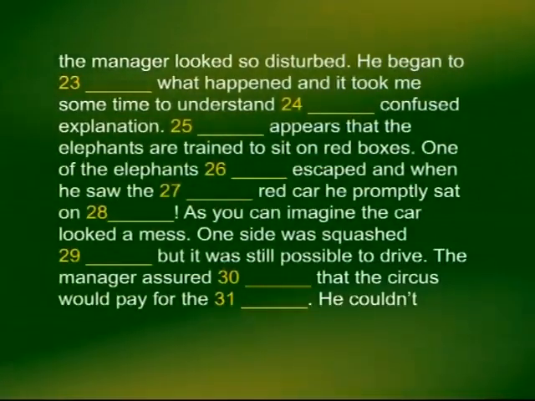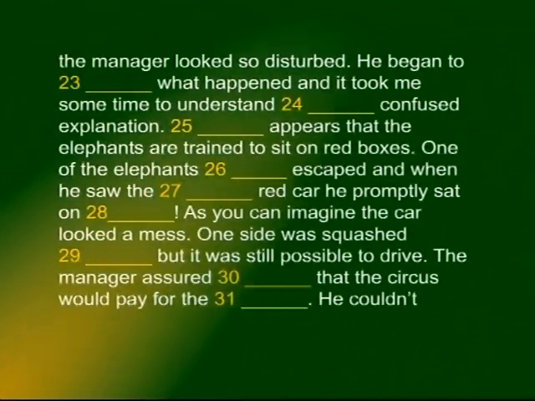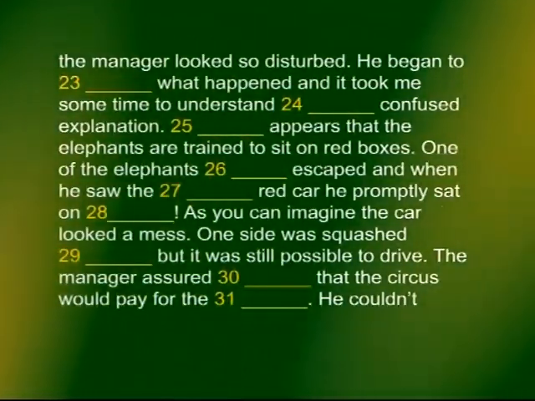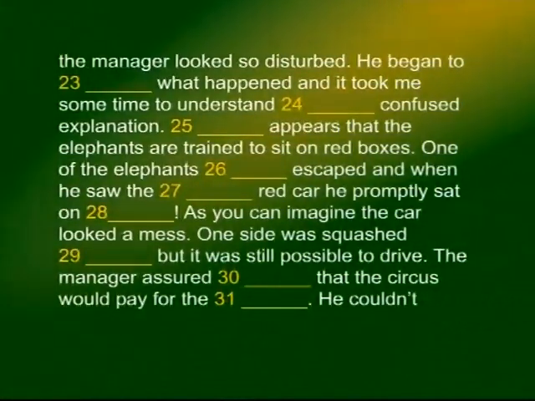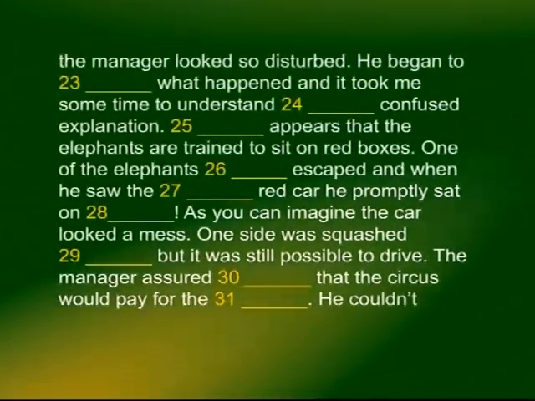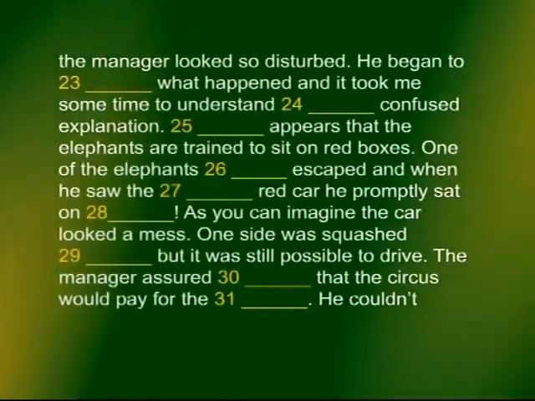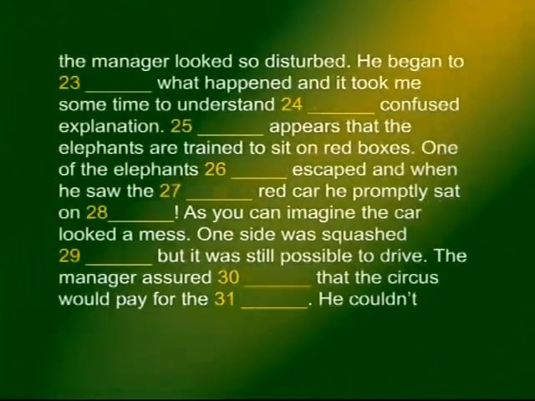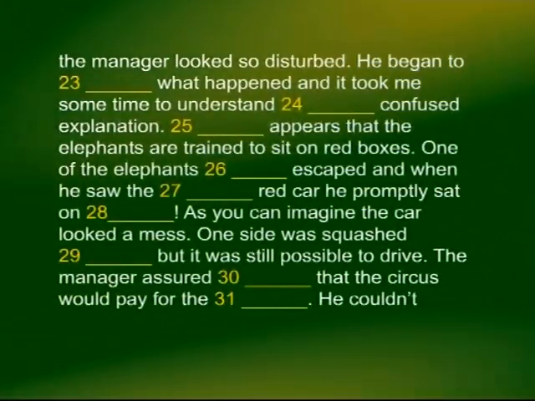One of the elephants had escaped, and when he saw the, you've already got "red" and you've got "car", so you have to have the word "little". So he saw the, go back to the beginning of the text and you know it's the word "little". So when he saw the little red car, he promptly sat on it. As you can imagine, the car looked a mess. One side was squashed. Things are either squashed badly, or you can say it was squashed flat.